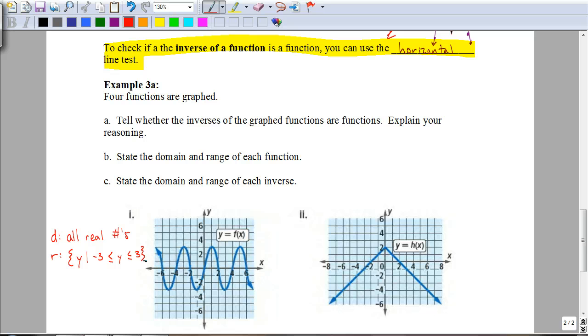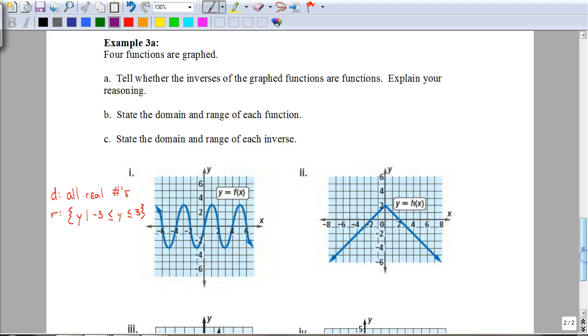Now it says state the domain and range of the inverse. Well, we don't have a graph to figure that out, but remember, when we find the inverse, what do we do? We switch the x and the y. Remember what that implied: when we're switching the x and the y, we're also switching the domain and range. So the domain for the inverse here would be the set.